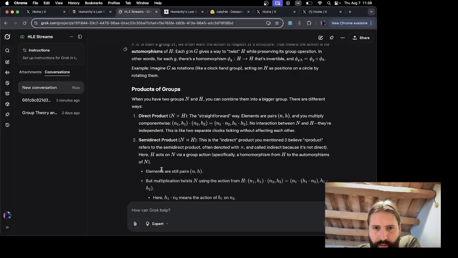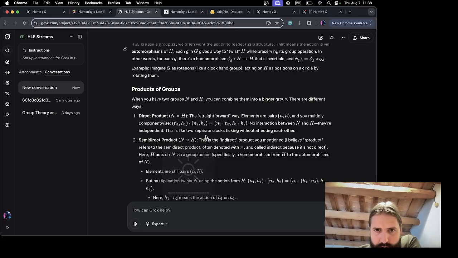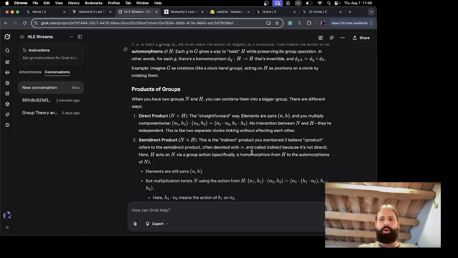So in this case, H acts on N. So the group on this funky side that has the closed edge is the one acting on N via a group action, specifically a homomorphism from H to the automorphisms of N. So let's try to unpack, in this context, what is an automorphism?